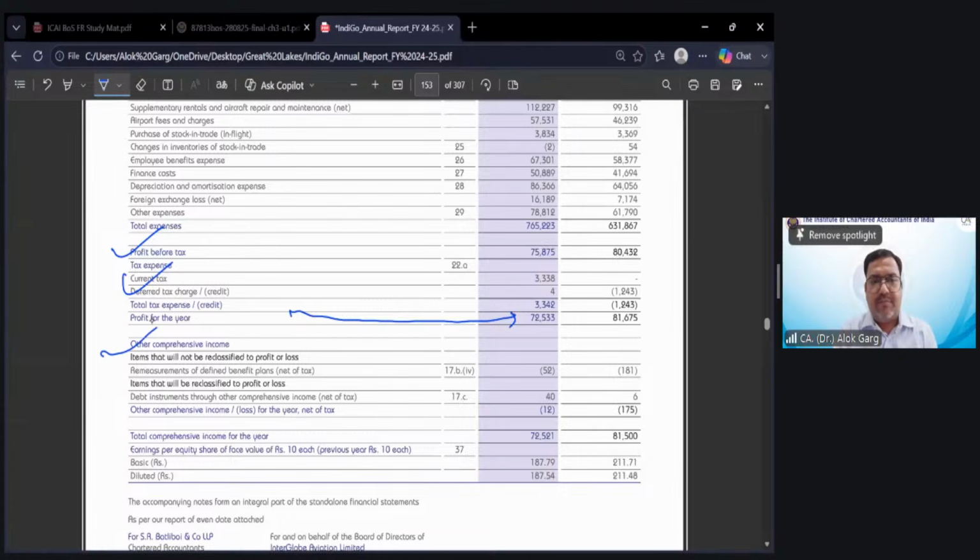Then there is other comprehensive income, items that will not be reclassified to P&L and items that will be reclassified to P&L. Then there is the total of other comprehensive income, then total comprehensive income, and earnings per share has to be calculated on the profit after tax, not on the total comprehensive income, right?